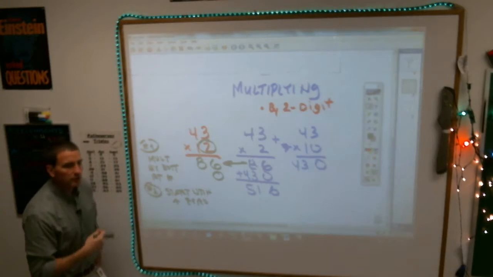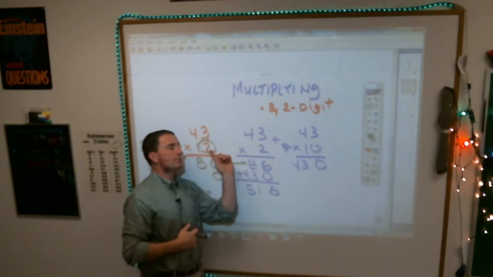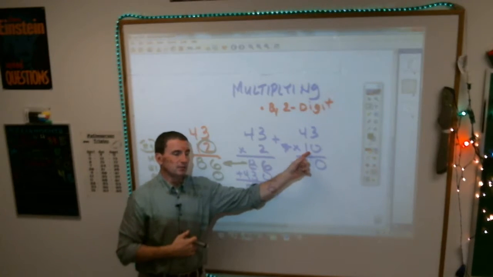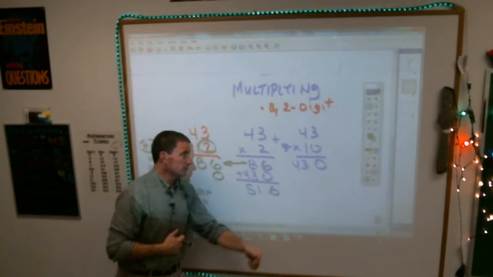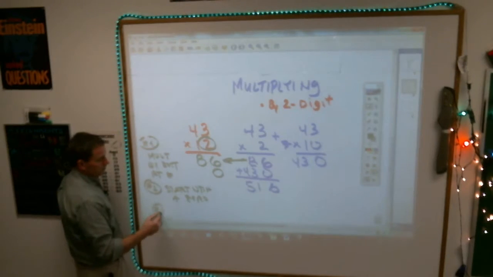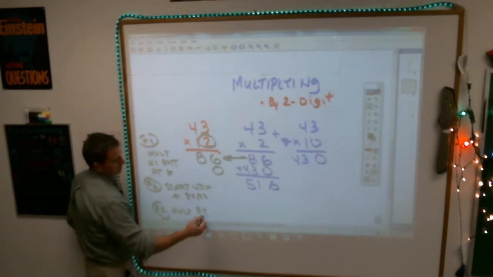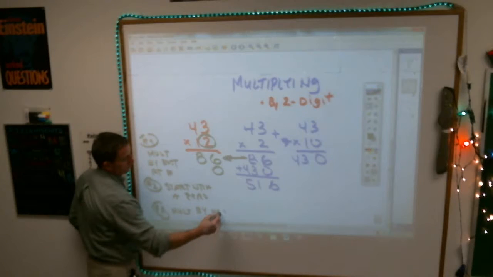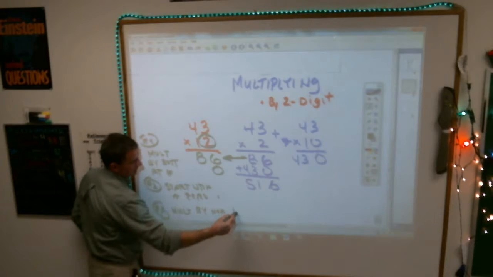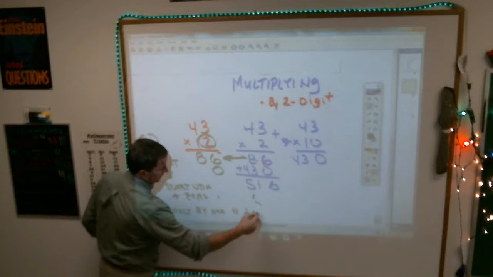The reason you put that 0 down there is because you are multiplying not by a 1, but by a 10. When you multiply by 10, you start with that 0. And then step 3 is you multiply by the next number.